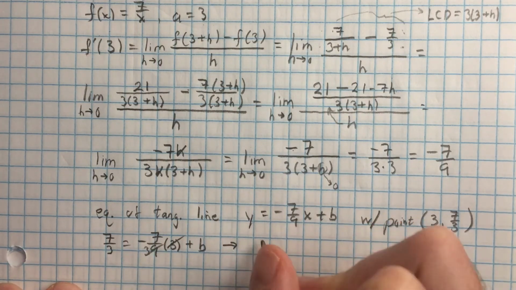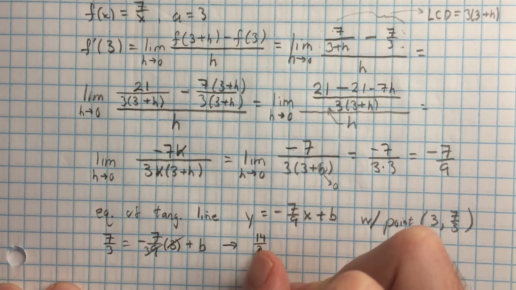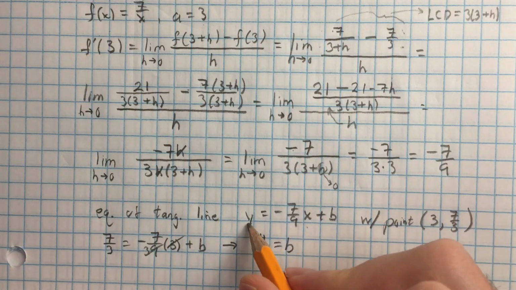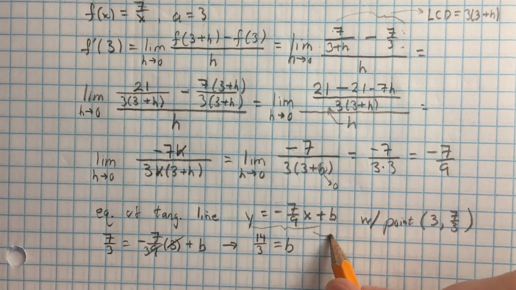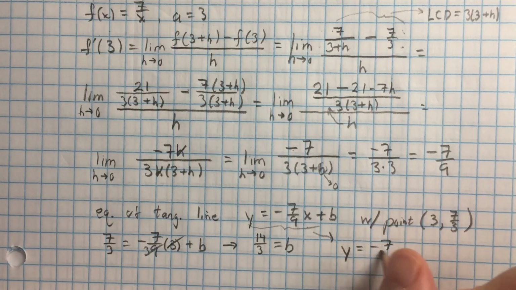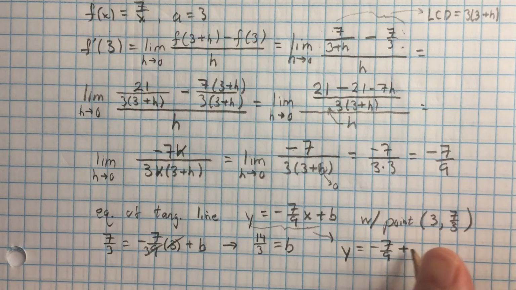So this implies 14/3 equals b. And now we have our tangent line. We can rewrite this with b plugged in, and that should be y equals negative 7/9 x plus 14/3.